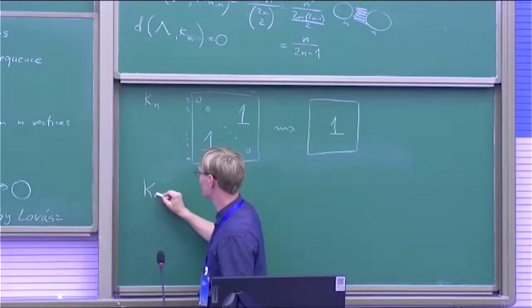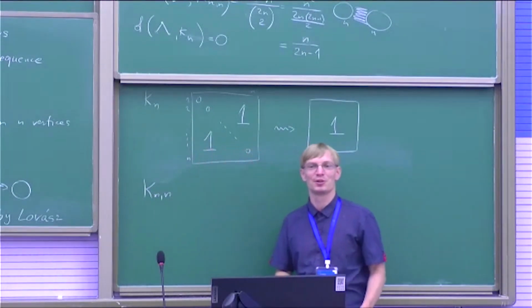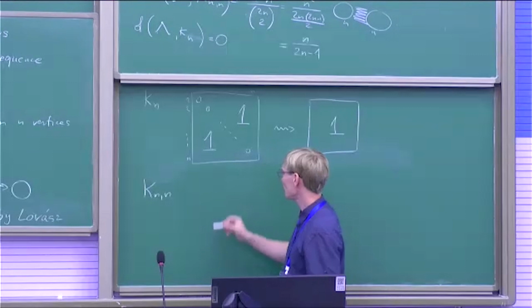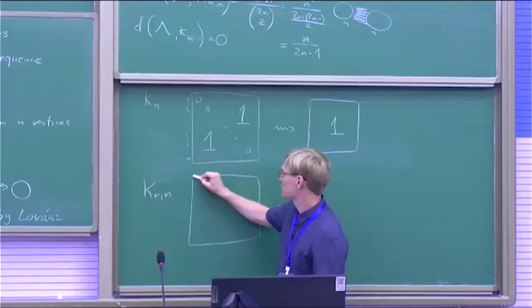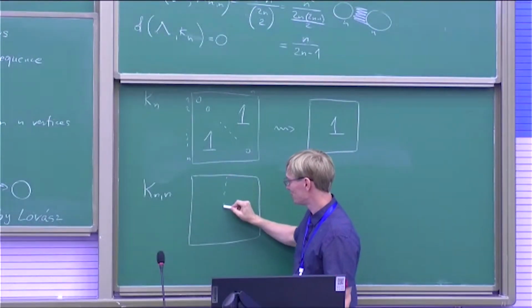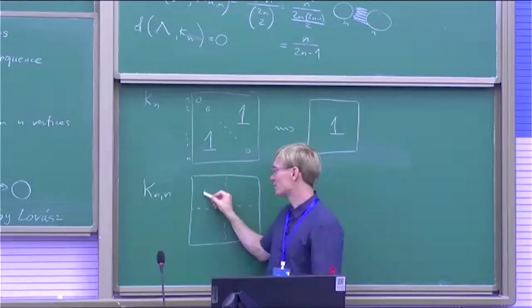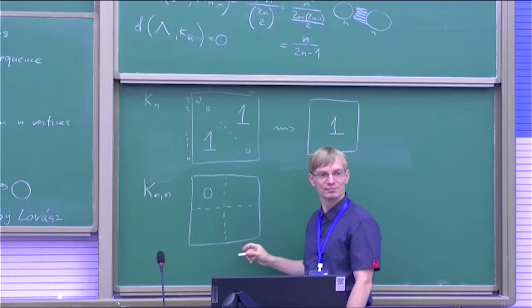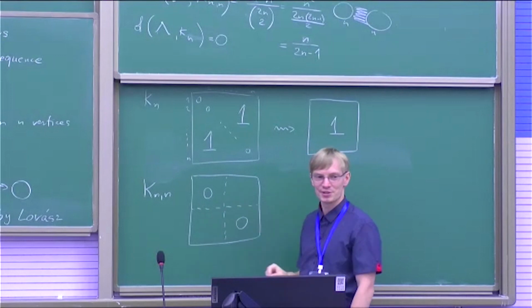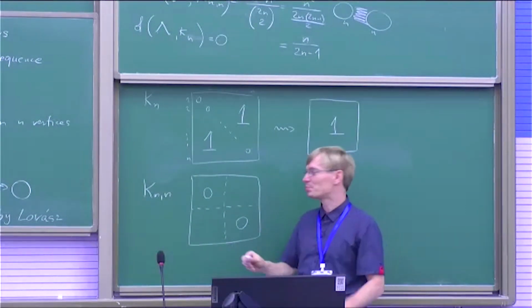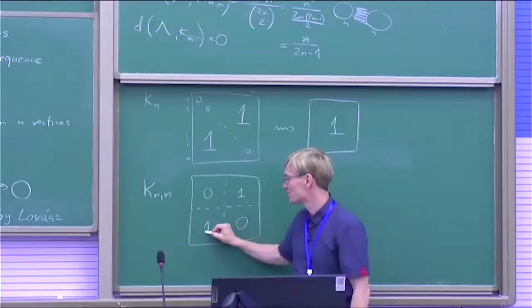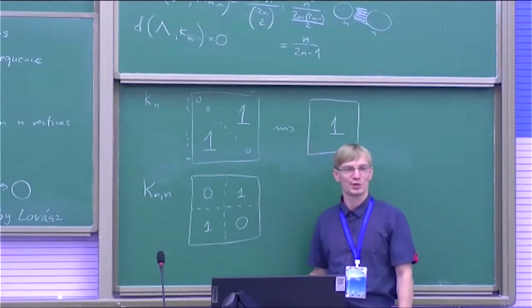And what could be the limit of K_{n,n}? The complete bipartite graph. If I look at the adjacency matrix, it will have 2 parts. Inside each part, I have everywhere 0, while between the parts, I have everywhere 1s. You agree?